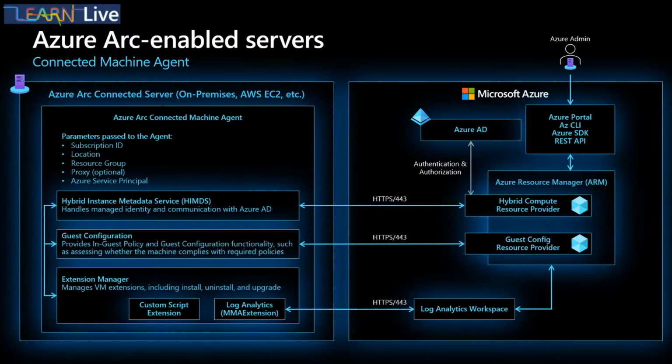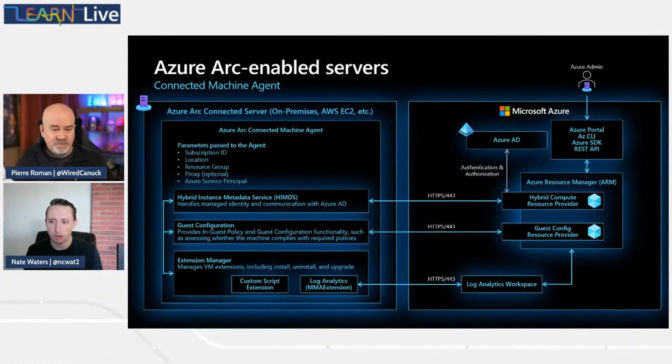And last is the extension agent, which manages the install, uninstall, and upgrade of VM extensions. So things like Log Analytics and the MMA extension can all be accessed through that. Together, those three components constitute the connected machine agent. You can see how they connect to Azure Resource Manager or Log Analytics and your Active Directory and authentication.